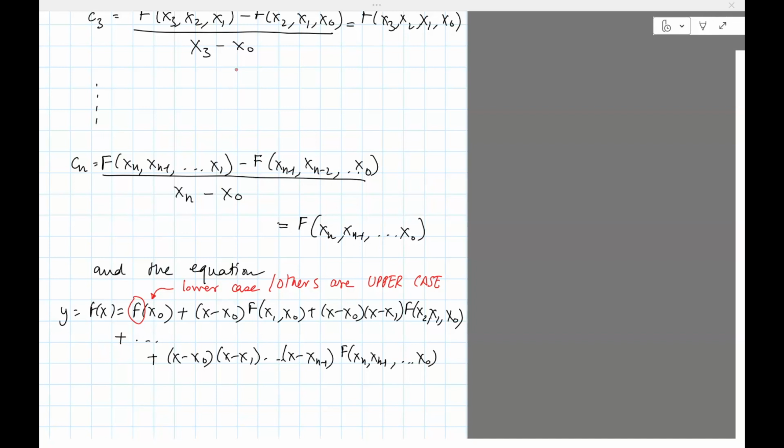If the data is uniformly spaced, that is x0, x1, x2, x3, and so on are on a uniform grid, like x0 is 0, x1 is 0.1, 0.2, 0.3, 0.4, then this formula reduces to something really simple, and you can do the math really quickly. I'll show that to you, and then we'll use that for our example problem.